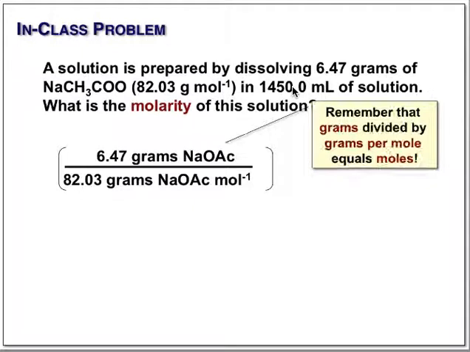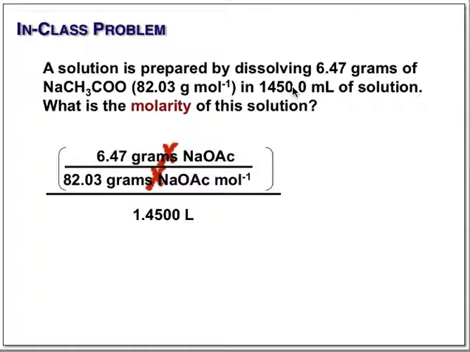Mass over molar mass divided by volume. Grams cancel. Per mole comes up. 0.0544 moles per liter, or 0.0544 molar.